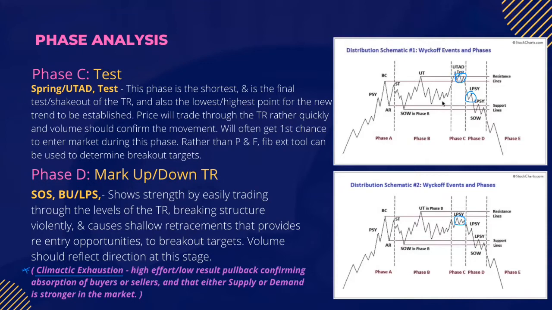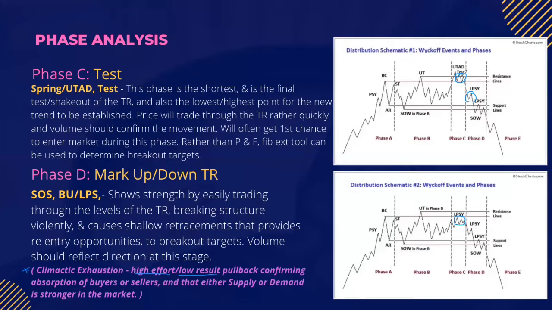So if that pullback has high volume, but we create a lower high, which is a low result, flip side with the buy side, if that pullback creates a lot of sell volume, but the result is a higher low, then that confirms the absorption of buyers or sellers.